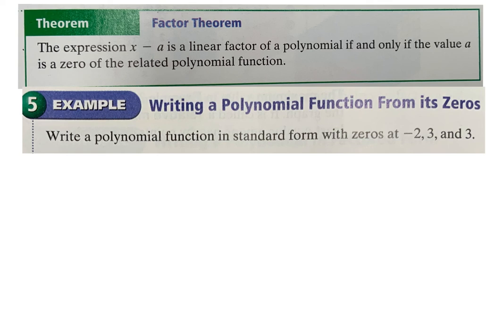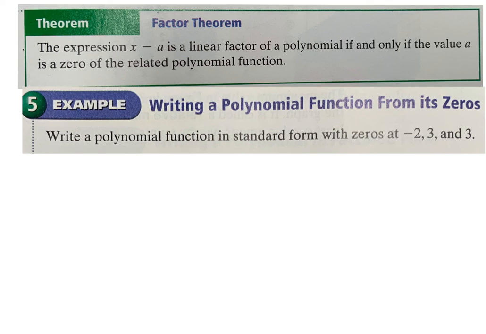And so they've said write a polynomial in standard form, and instead of giving you the factors, they've given you the zeros. They've given you negative 2, positive 3, and positive 3. You'll notice when we had the factors, we had to set them equal to 0, and they ended up being the opposite, right? So if you had a factor of x plus 5, your 0 is negative 5. If you have a factor of x minus 2, your 0 is positive 2, okay?